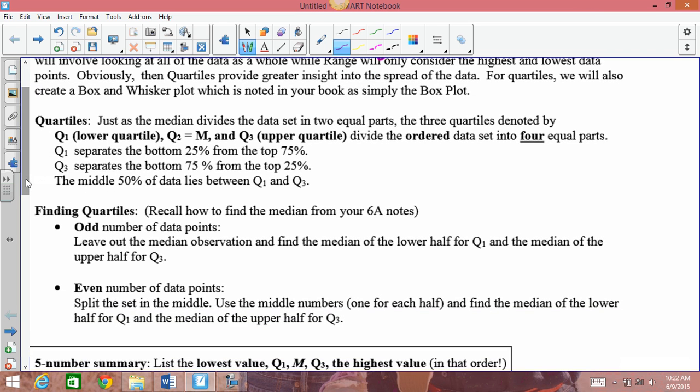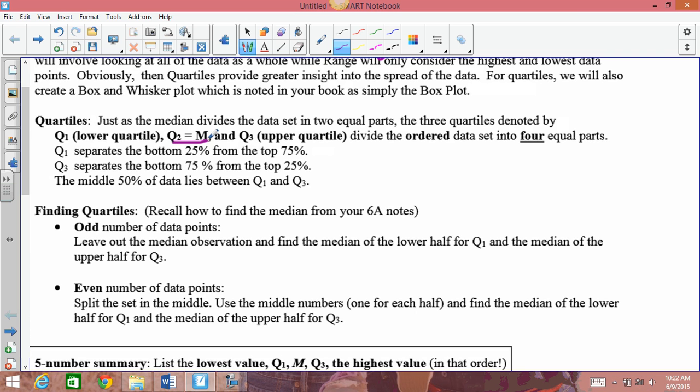If we move on down to quartiles, because in the previous section we talked about median, this is a real nice extension of that. Whenever you're finding your quartiles, you're finding nothing other than the median. You'll always find quartile 2 first because it's the median of the entire data set.